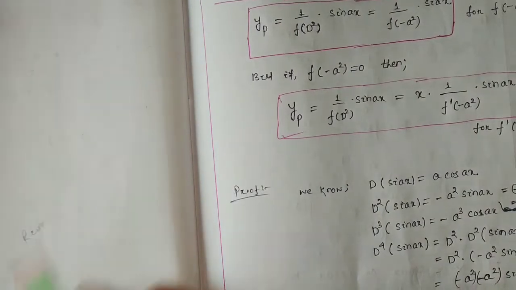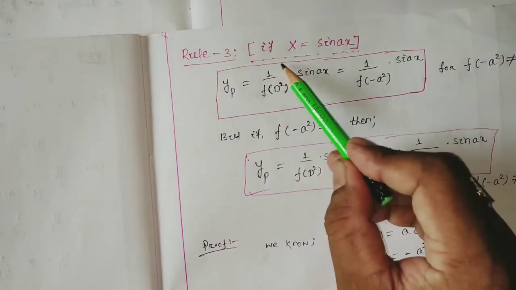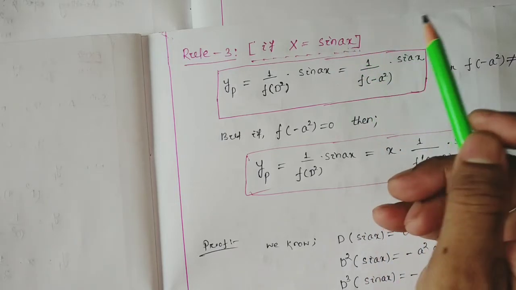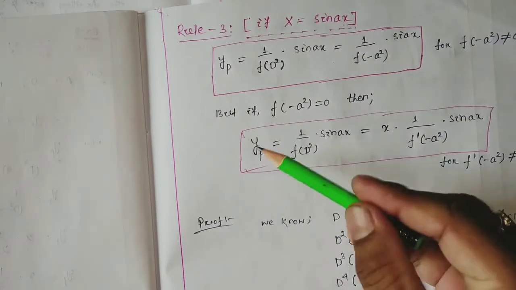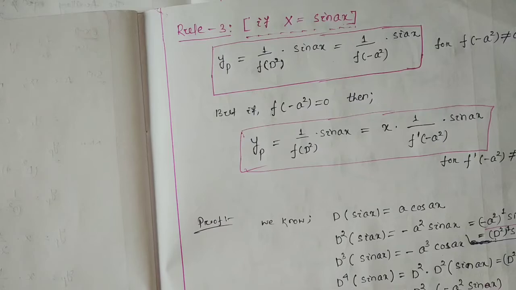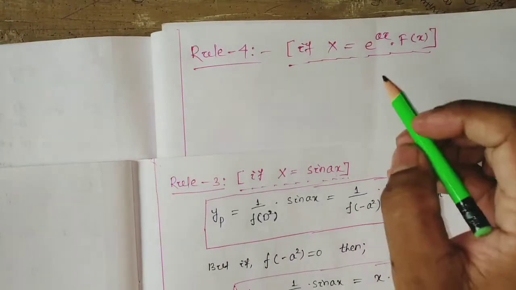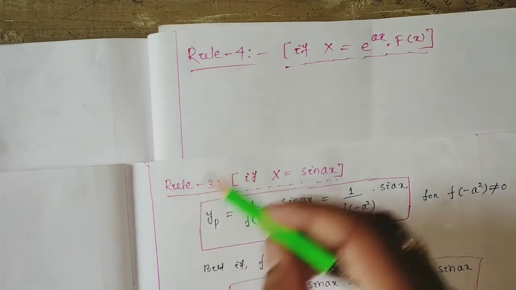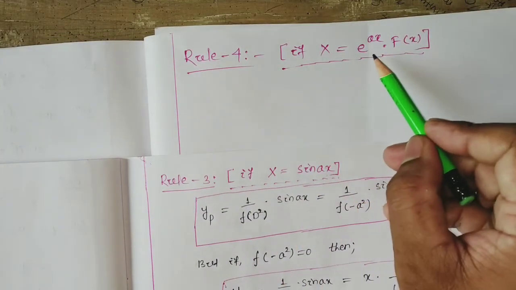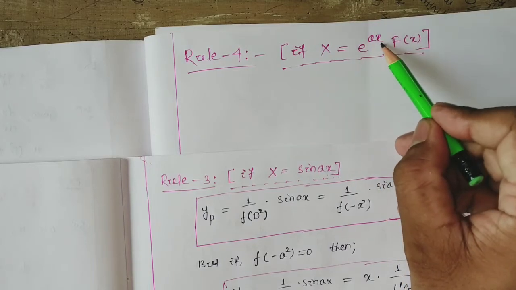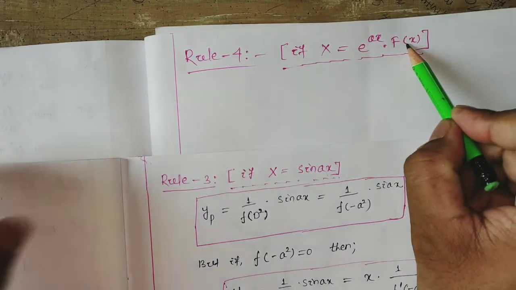Okay, so next we are going to discuss rule 3, that is, if X is a trigonometric function, that is sine x or cos x, then what will be the yp. We will discuss that in our next class. We will also discuss rule 4: if X equals e to the power ax into f(x), that means an exponential function multiplied with another function.